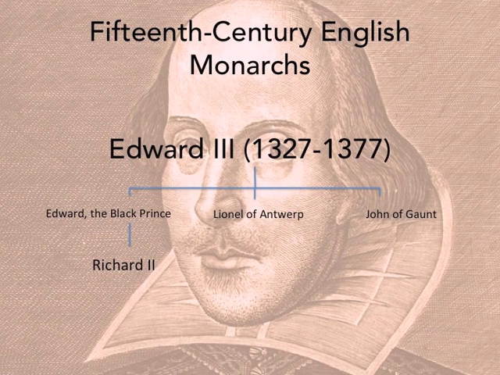Now, unfortunately, when Richard II became king, he was only 10 years old, which is a little young to be managing an entire kingdom. Also, unfortunately, his two elder uncles, Lionel and John of Gaunt, were still alive. And you can kind of imagine the sort of awkwardness here. This 10-year-old boy has become king when these two older princes who had been alive for a good part of their father's reign were passed over.